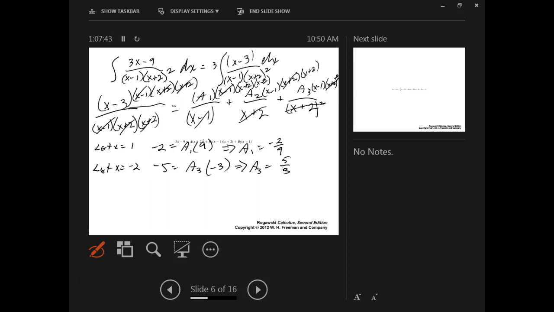Okay? The left-hand side becomes x minus 3, right? And that's equal to A1, which was negative 2 ninths, times x plus 2 times x plus 2, right?